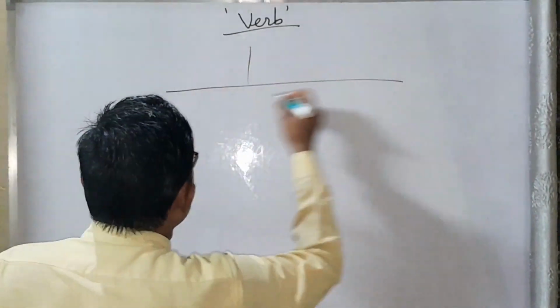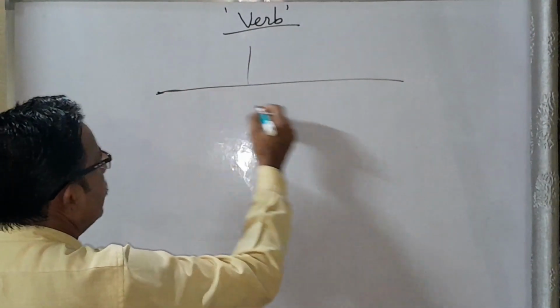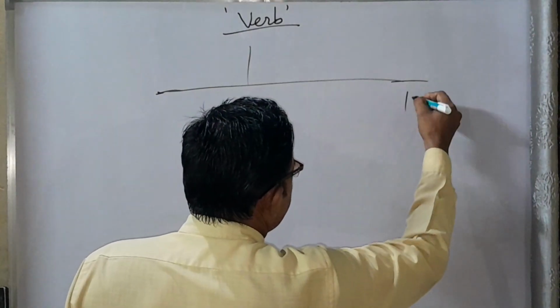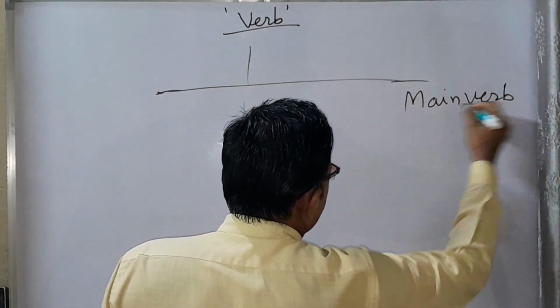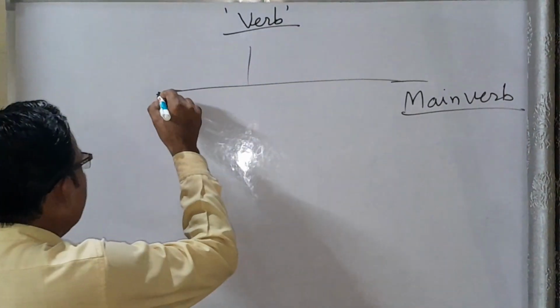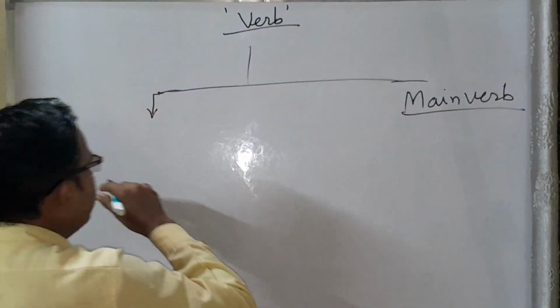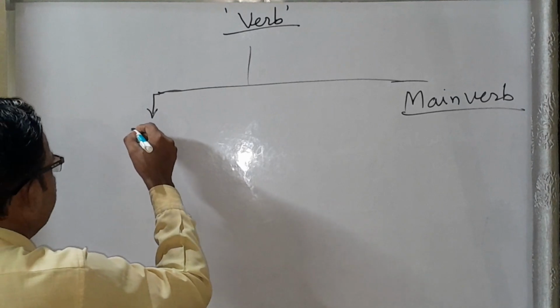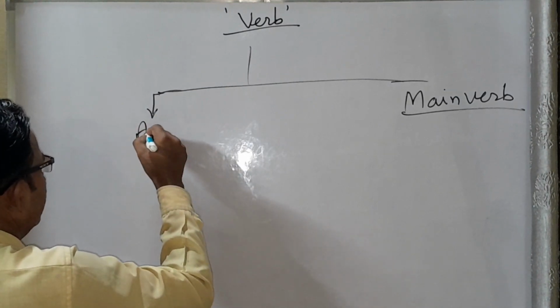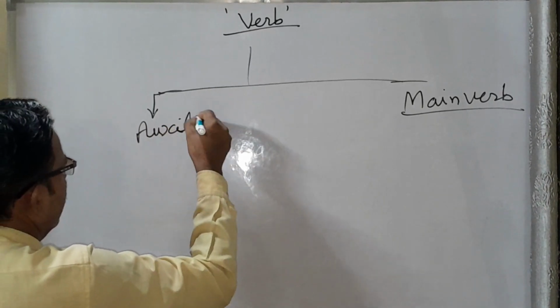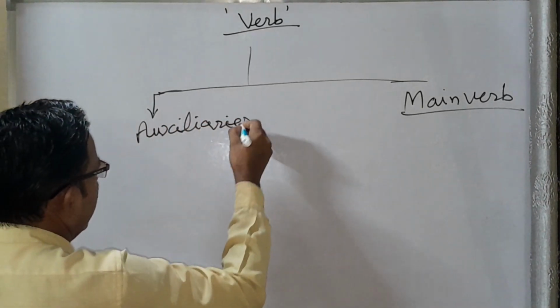Mainly, you have heard about the verb that is the main verb used in the sentence, but sometimes we need another helping verb that is called an auxiliary verb.